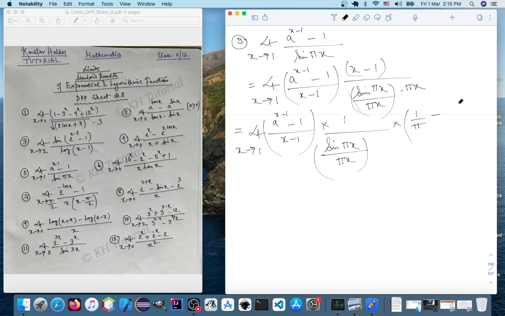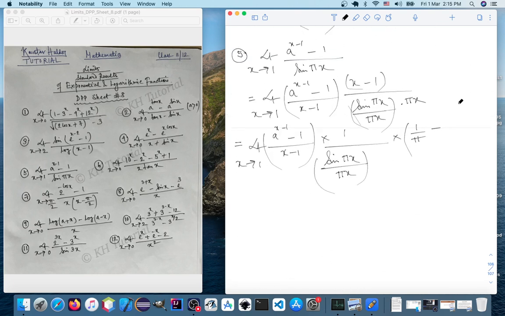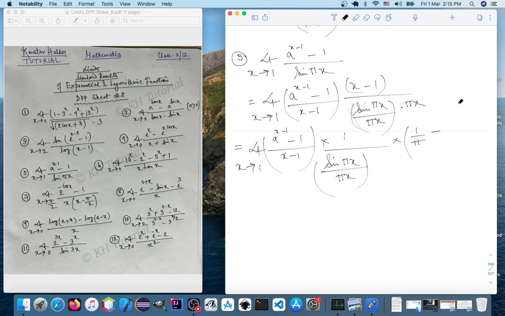This is becoming 0. It should not be 0. A to the power x minus 1 divided by sine pi x.